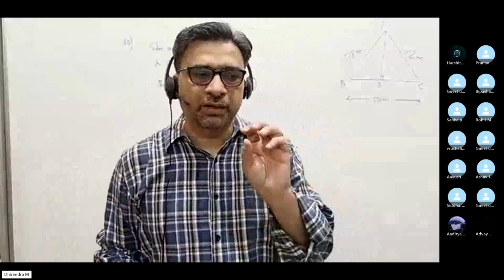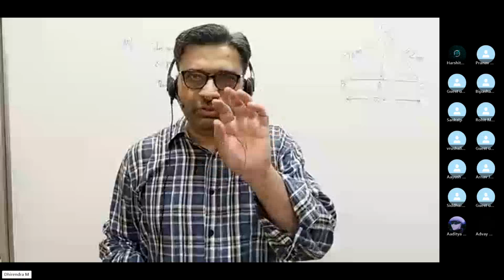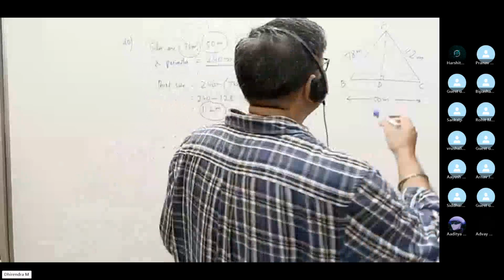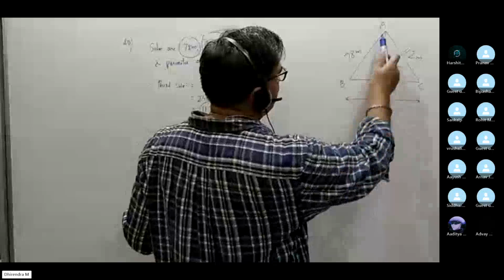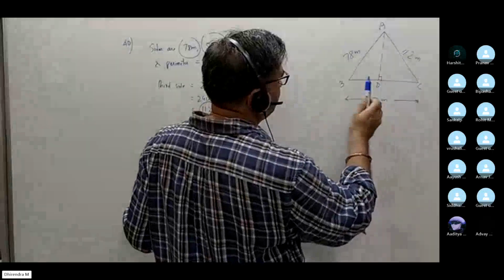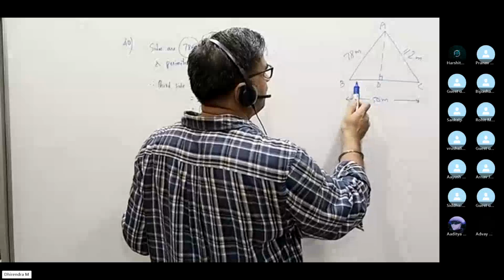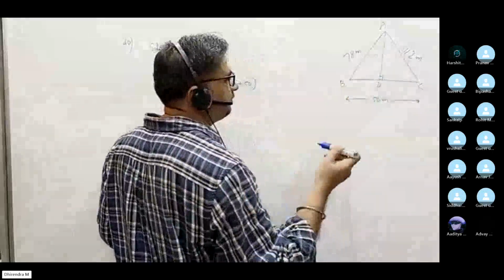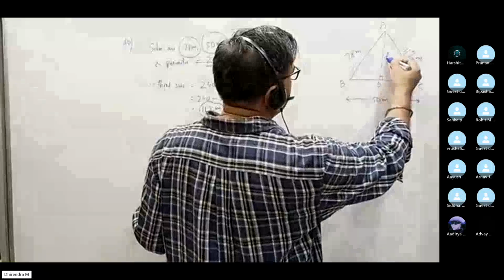Just follow the process. Let us first understand what we are required to find. So we're not coming to how to solve this. What the problem is, is what we are discussing now. So we are required to find the altitude. There are 3 altitudes in a triangle altogether, right? But we are finding the altitude on the side BC, which is equal to 50 meters.